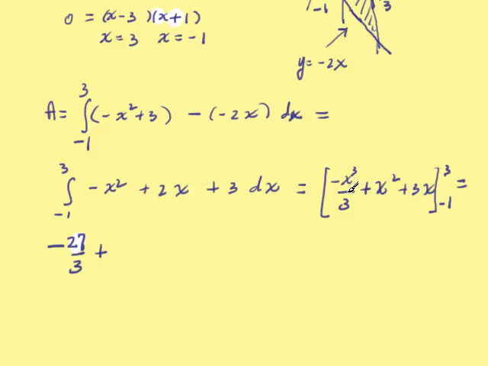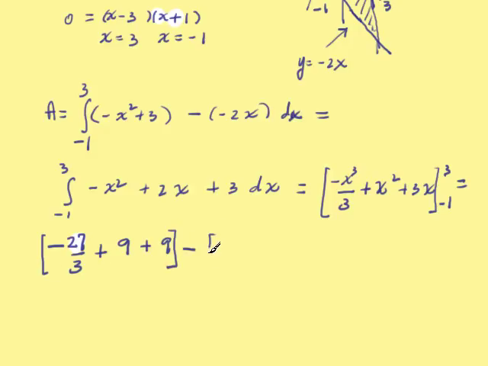That is 3 cubed, minus 27 over 3 plus 3 squared plus 9, and plus 9, 3 times 3.